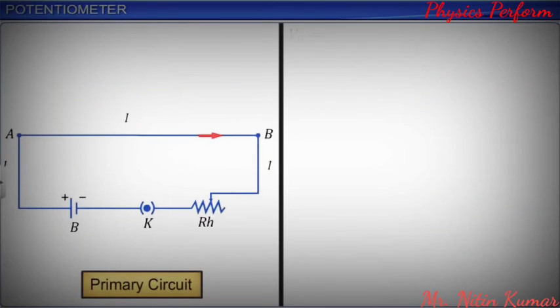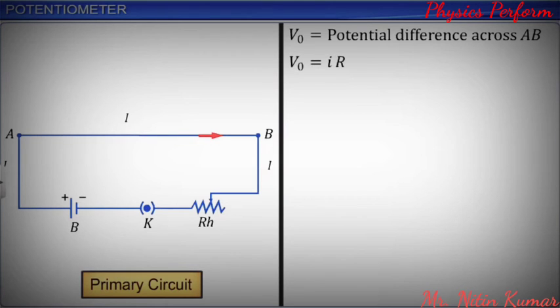Let V0 be the potential drop across AB set up by the circuit. According to Ohm's law, the potential drop V0 is equal to I into R, where R is the resistance of the wire.